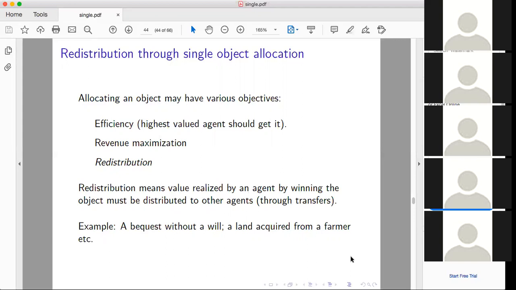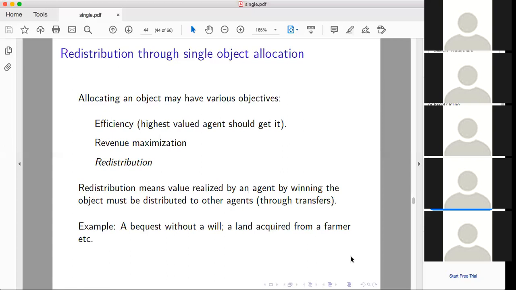Another application is land acquisition. Think of a land acquisition where the government is trying to take some land from some farmer, let's say, and give it to someone who has a very high value for it.